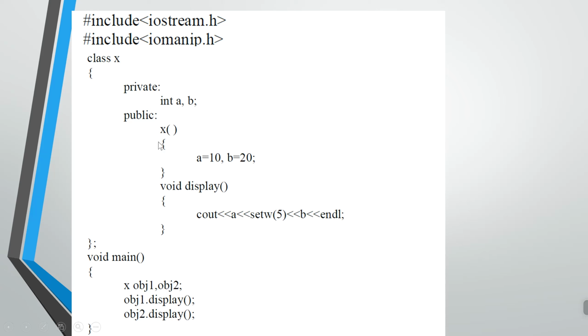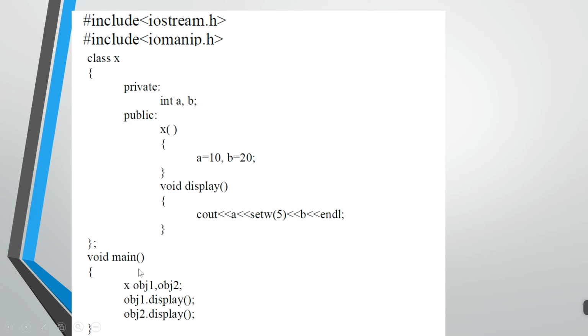This is also a default constructor which assigns a value 10 to A, 20 to B, and we have a member function to display the value of A as well as display the value of B. So now in the main function I call object 1 and object 2. So object 1 and object 2 are the objects of class X, and X has a constructor, and this is what is called a default constructor.